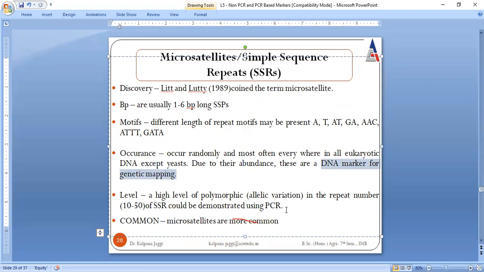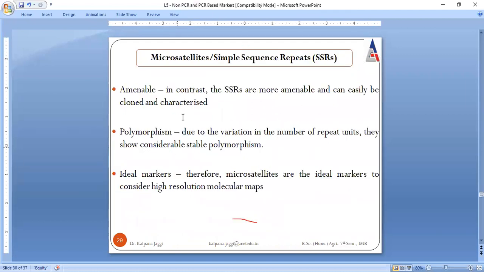If a very high level of variation is taking place at the alleles, alleles being the two alternative forms of a gene, then this in turn can be demonstrated using PCR. And these are the most commonly utilized ones. They are easy to use, and they can be cloned and characterized later on.